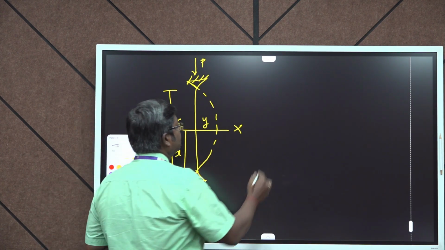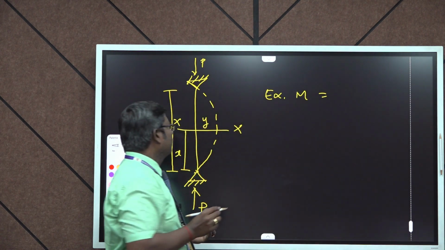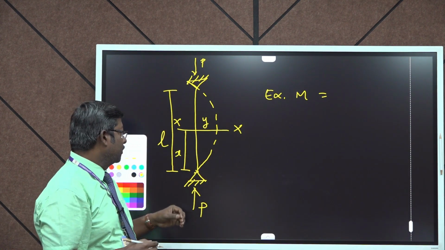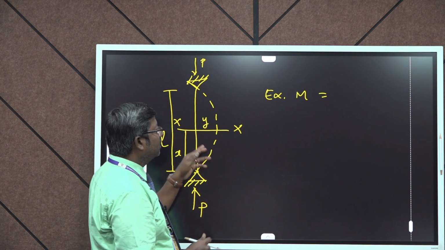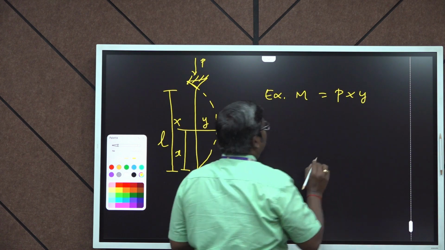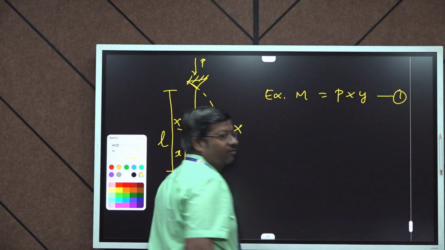The external moment is nothing but the moment due to the external load acting on the column. Taking moment about the section, we get P into y. The distance will be y. So, the external moment is taken as P into y. Take this as the first equation.